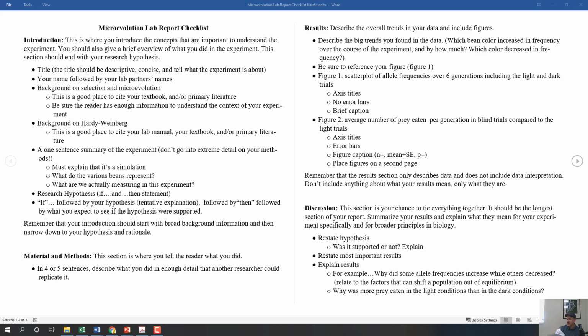But if you look in your manual, just so you know, Appendix B, which starts on page 113, looks something like this if you can see me. And on page 117, there is a rubric, which is basically what we use to grade your report.